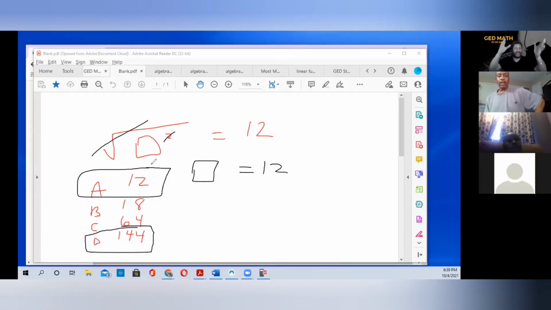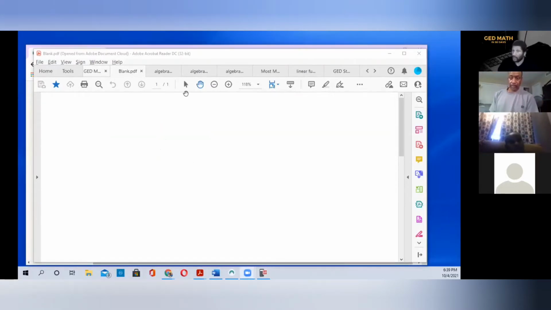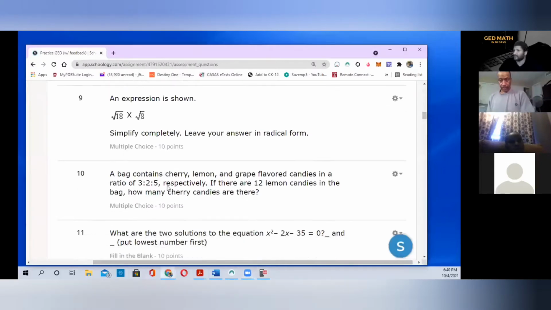They want to see if you know that square and square root are inverse operations and they cancel each other out. Easiest problem on the exam. Less than 40% get it right. Easy problem. Gotta know it. All right, so make sure you know all your squares, your square roots, your cube, and your cube roots. Very important. Let's go to the next one.